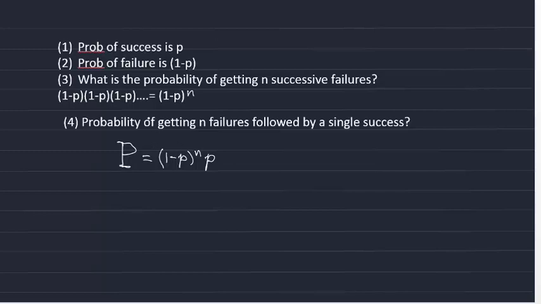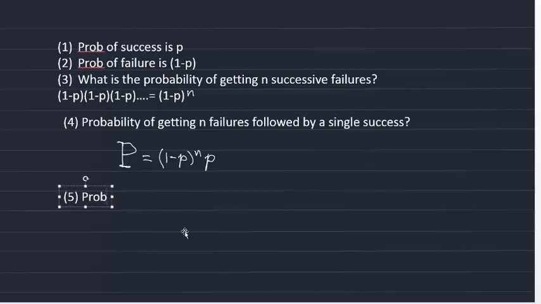So in general, let's generalize this a bit. Sorry about that, let me collect my thoughts here.